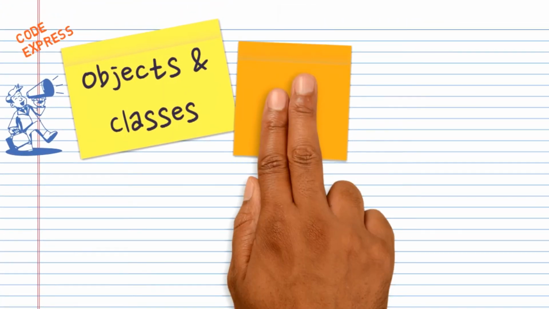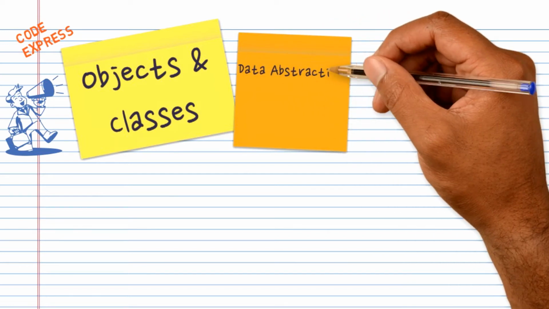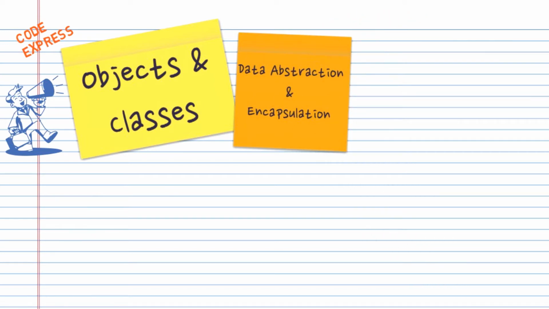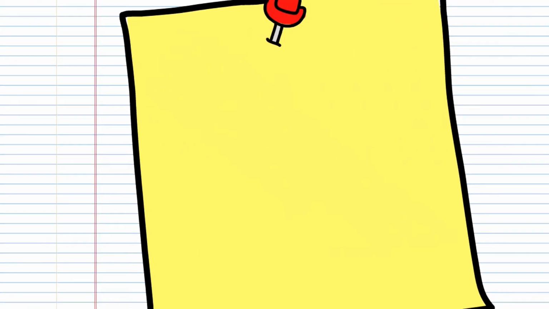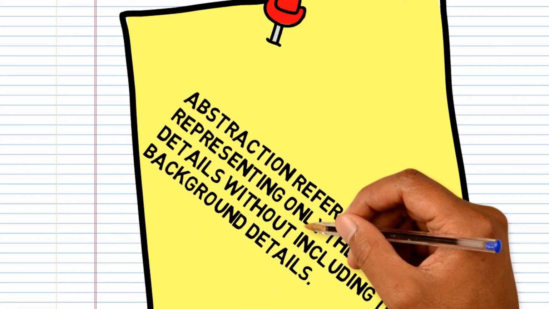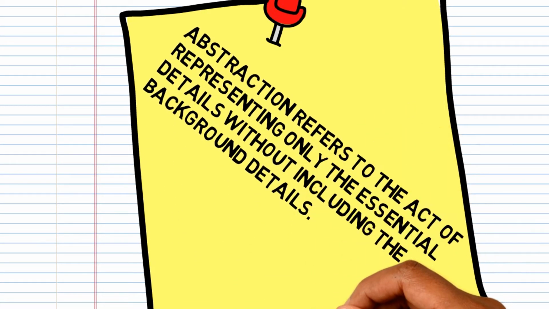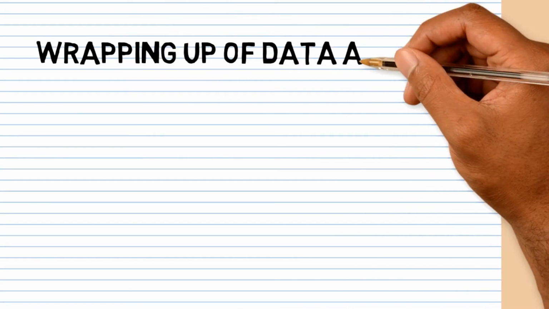Okay, so now we will be talking about data abstraction and encapsulation. So what is data abstraction? Data abstraction deals with representing only the main or essential details. We don't focus on what is being processed in the background. We are just bothered with our final end result; how we got the result does not matter, but what result we got, that matters.